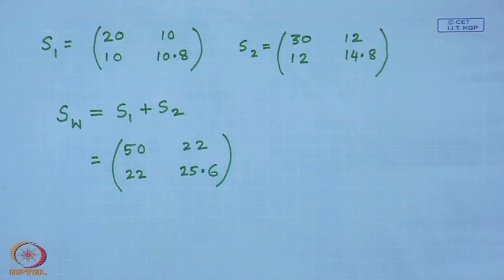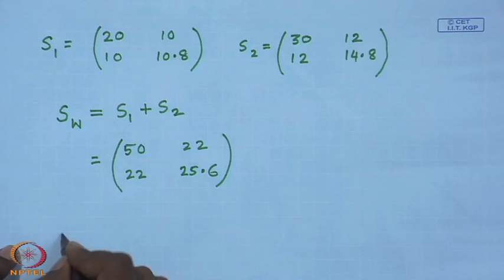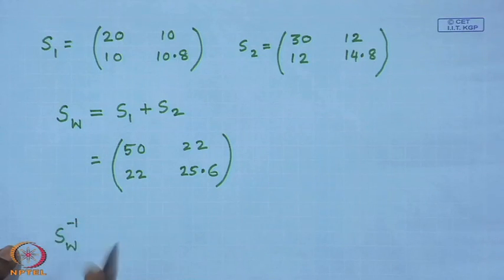So, this is my total within class scatter, and from this I have to compute Sw inverse, because finally I have to compute the projection direction.